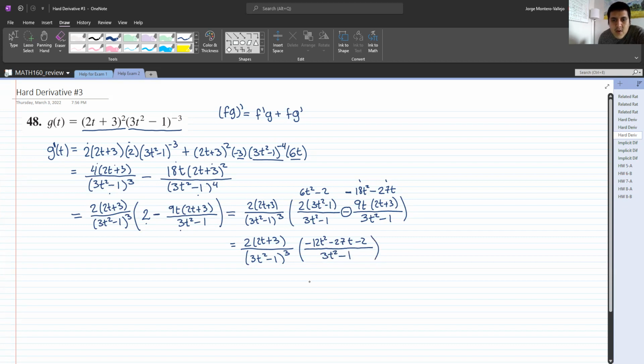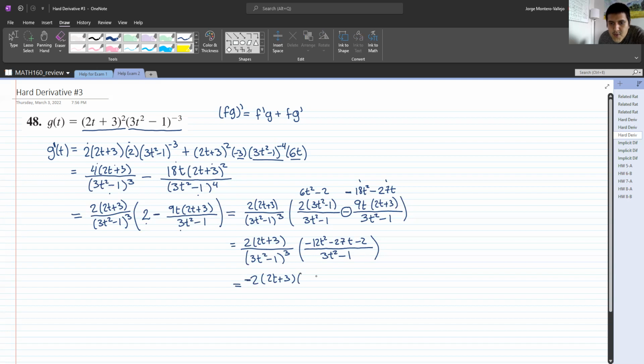We can now bring everything together. We can do 2 times 2t plus 3 and then times. Let's pull out this negative sign because it's in all of them and it kind of bothers me to see all these things negative. So I'm going to pull out -1 from there. If I pull out -1, then everything here becomes positive, right? Well, that -1 that I have pulled out, I'm going to then multiply with these 2. So then I have -2 here.